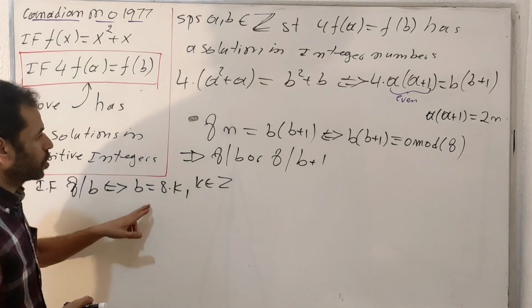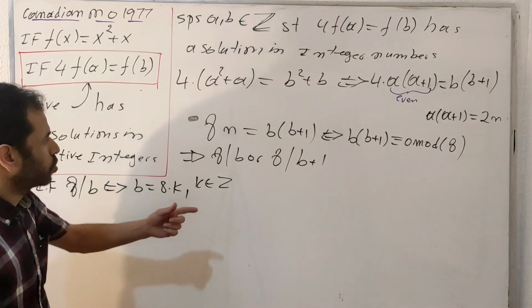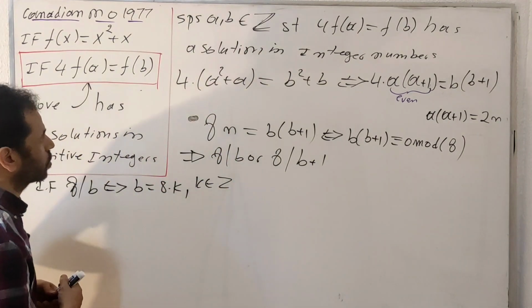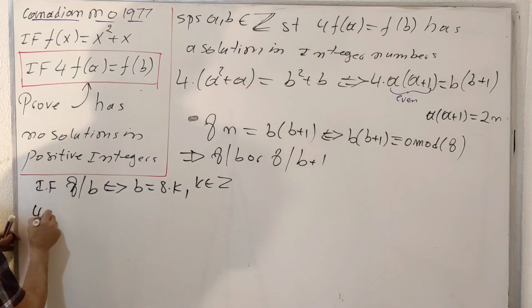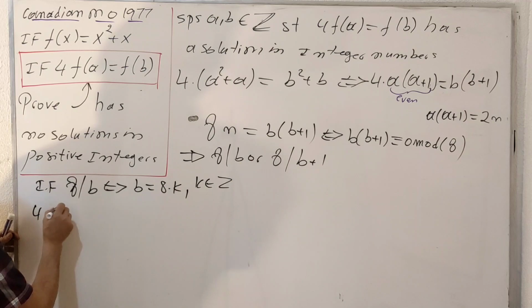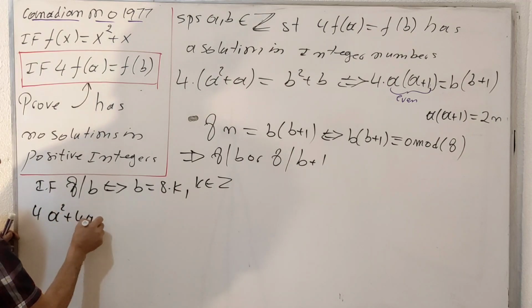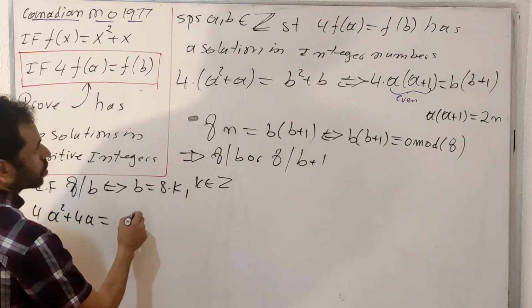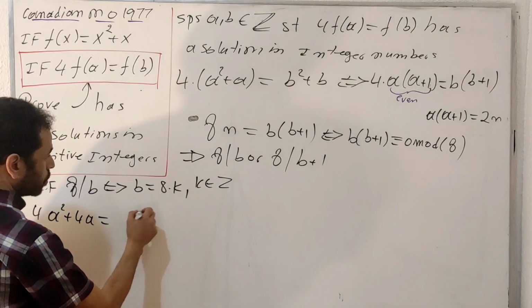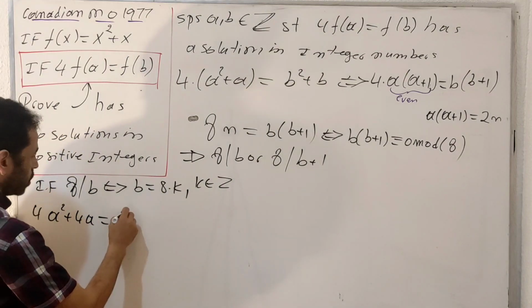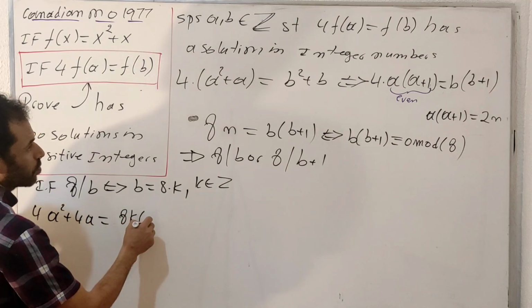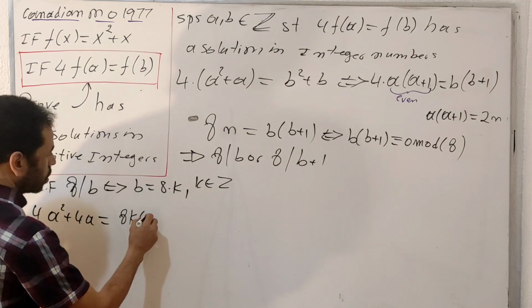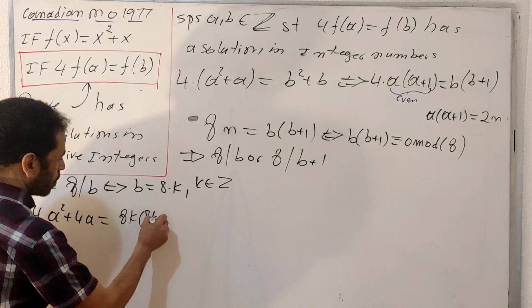Now I'm going to insert this value into the original equation to see what it gives us. I will have 4 times (a squared plus a), and of course b will be replaced with 8k and b plus 1 will be replaced with 8k plus 1, like this.